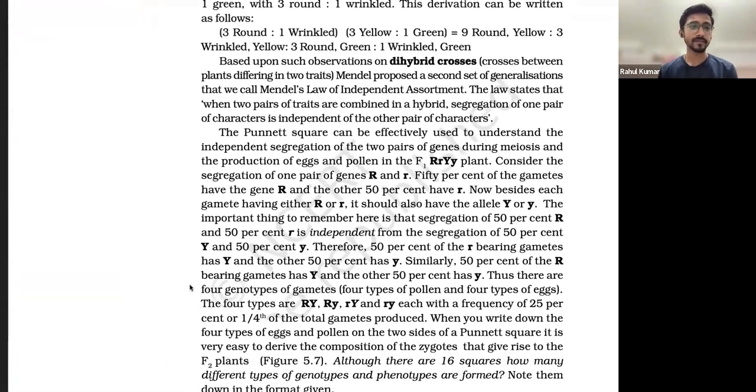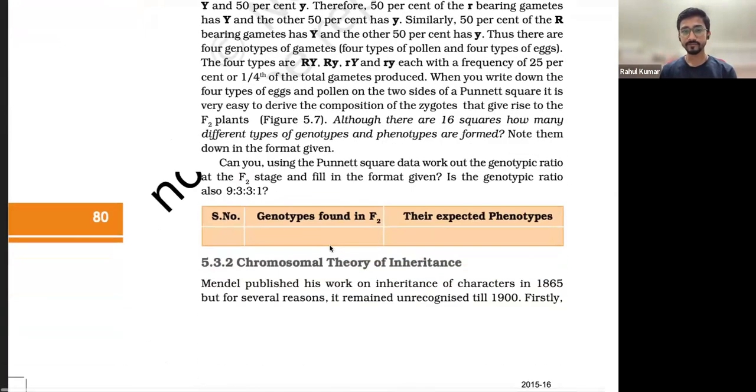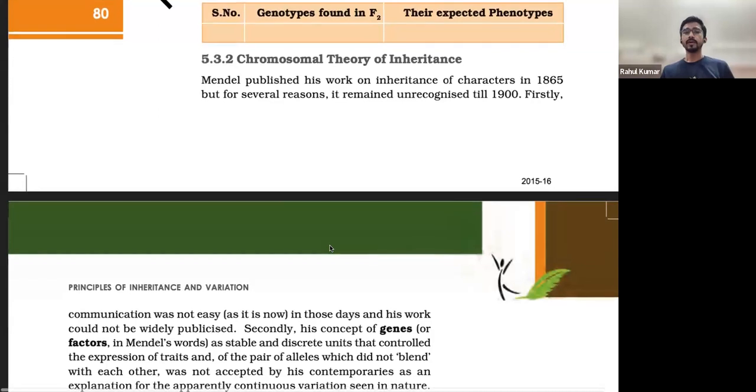That is the genius of Mendel's work. Now, today I will just end with introducing you to the chromosomal theory of inheritance. In the next class, we will draw chromosomes and see how exactly inside a cell chromosomes cross over and make recombinants.